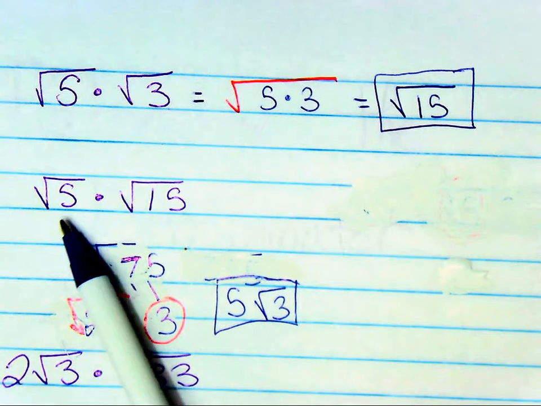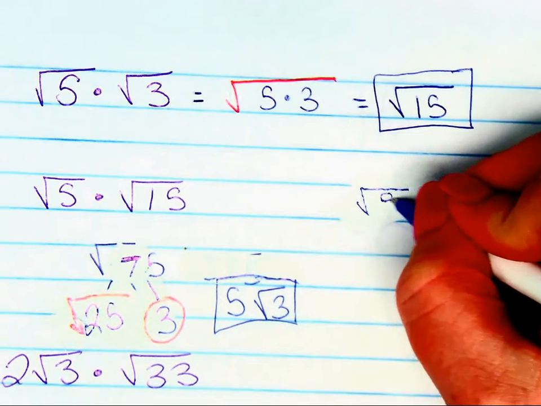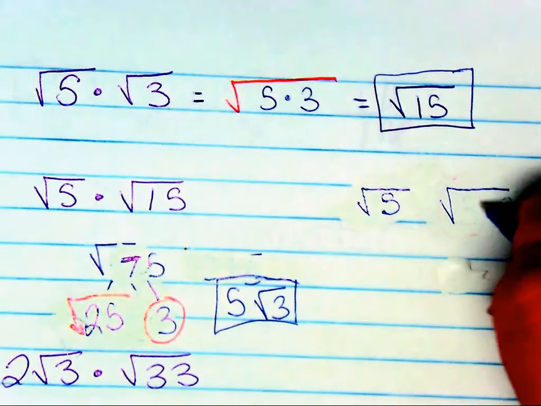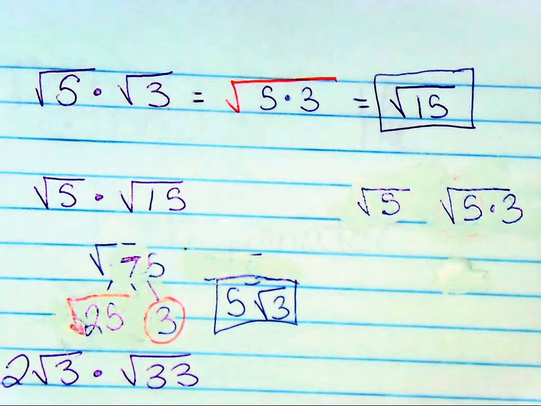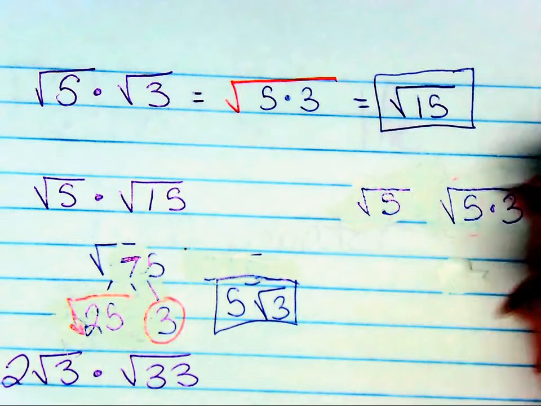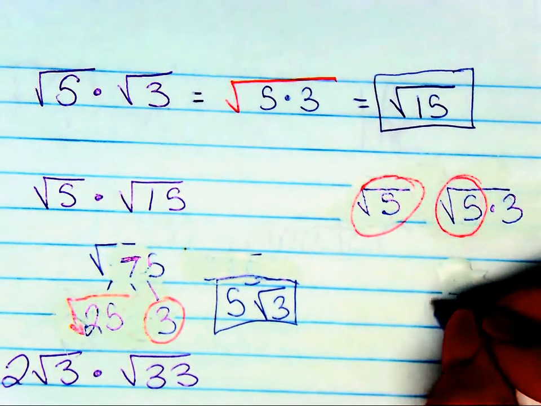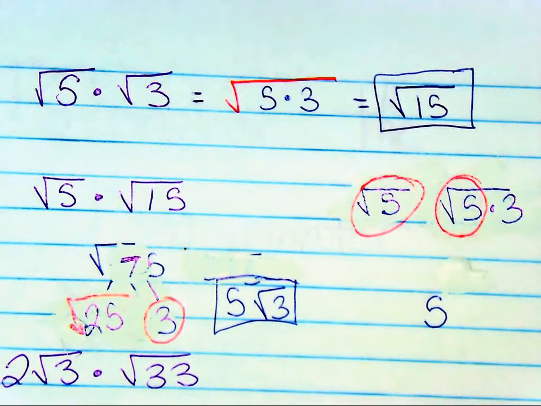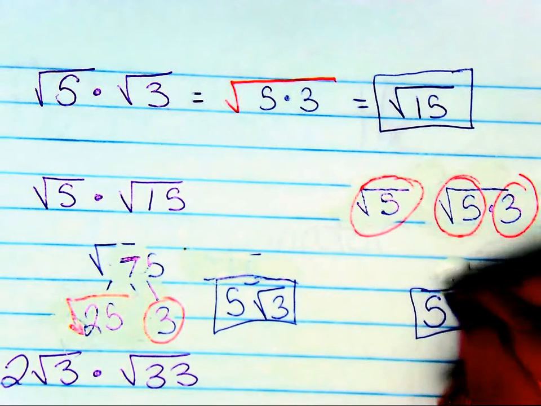If I have 5 times the square root of 15, I can have 5, and then I can break 15 up into 5 times 3. What this allows me to do is it allows me to see that there are 2 square roots of 5 that then get grouped together and brought out, and this 3 doesn't have a match, so 5 times the square root of 3 is also my answer.